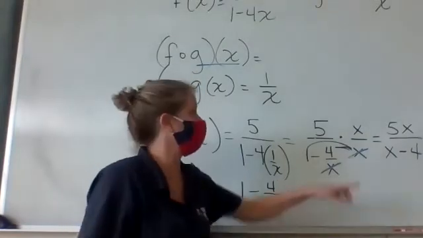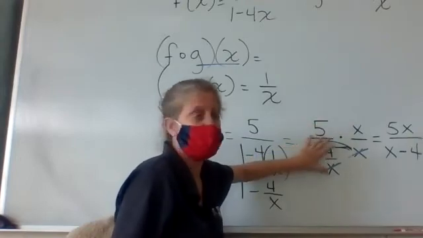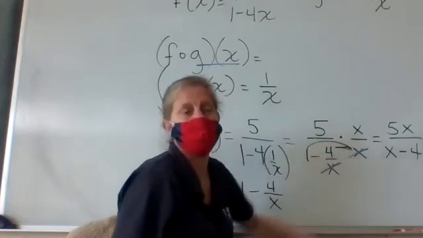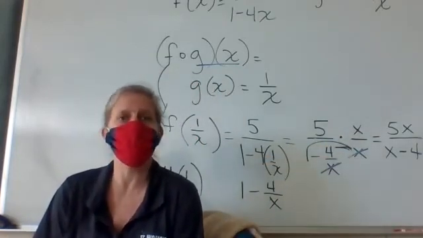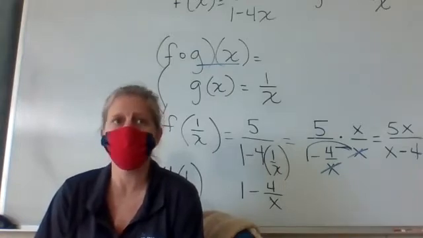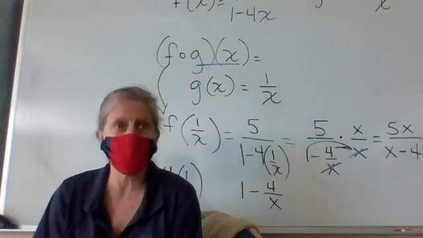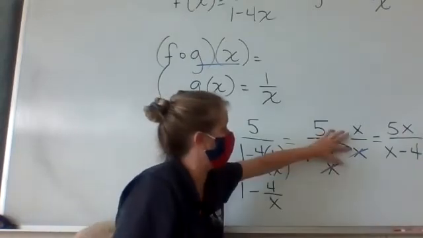So I am essentially only multiplying this mess right here times 1. Do you change the amount of something when you multiply it times 1? What is negative a billion times 1? It's still negative a billion. You don't change the amount of it when you multiply it by 1.